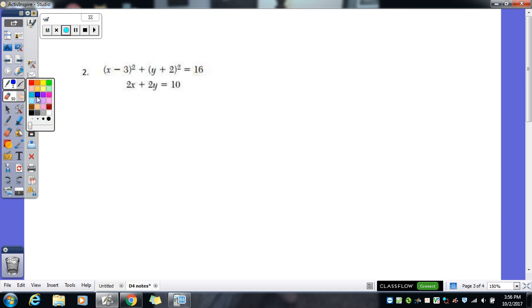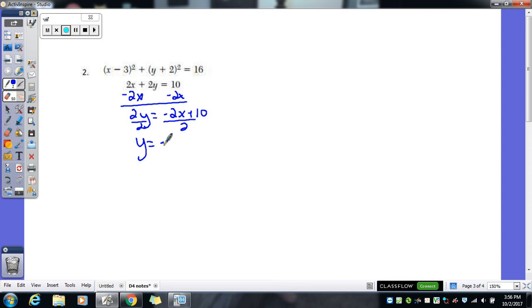And then our last one is very similar to the one that we just did. So again, I'm going to go ahead and solve to get y on its own. And then divide by 2. So y equals negative x plus 5. So now I'm going to take my negative x plus 5, and I'm going to plug it in for the y in that first equation up there, my circle equation.